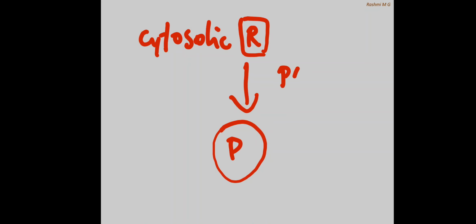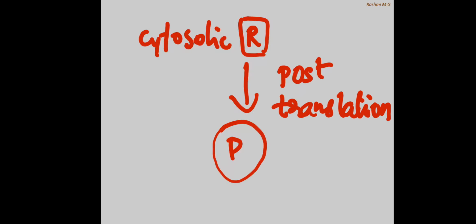The transport of proteins from cytosol to peroxisome occurs in a post-translational way. So the proteins which are in the cytosol are transported to the peroxisome post-translationally.